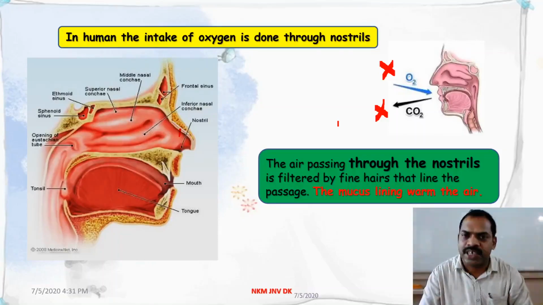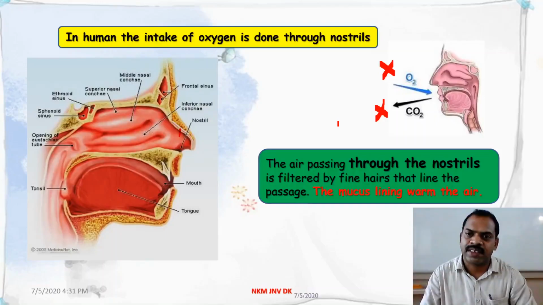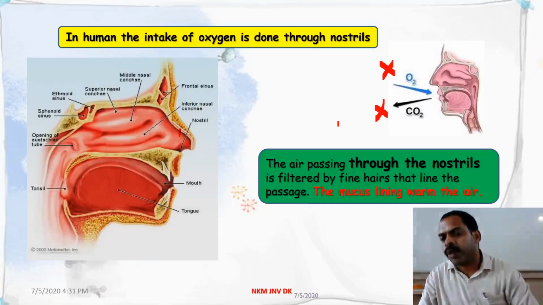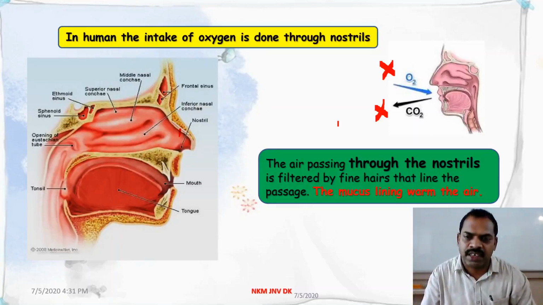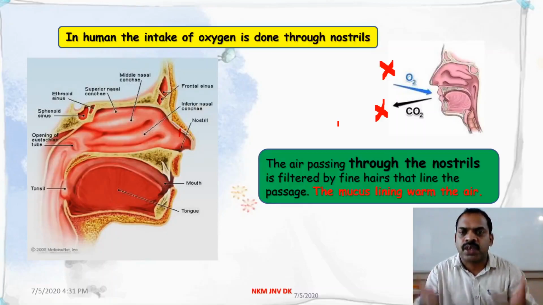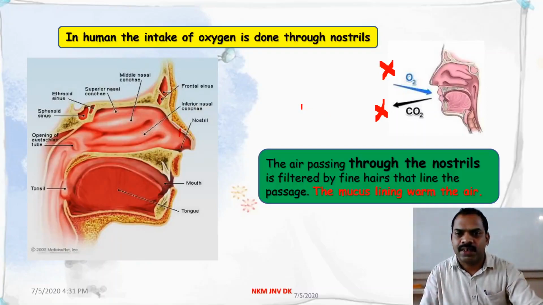But we utilize only oxygen in our lungs, not completely, and release carbon dioxide. All the other air comes out with less oxygen and more carbon dioxide. So what we have to relearn is that we take in air rich in oxygen and exhale air with less oxygen and more carbon dioxide. Got it?